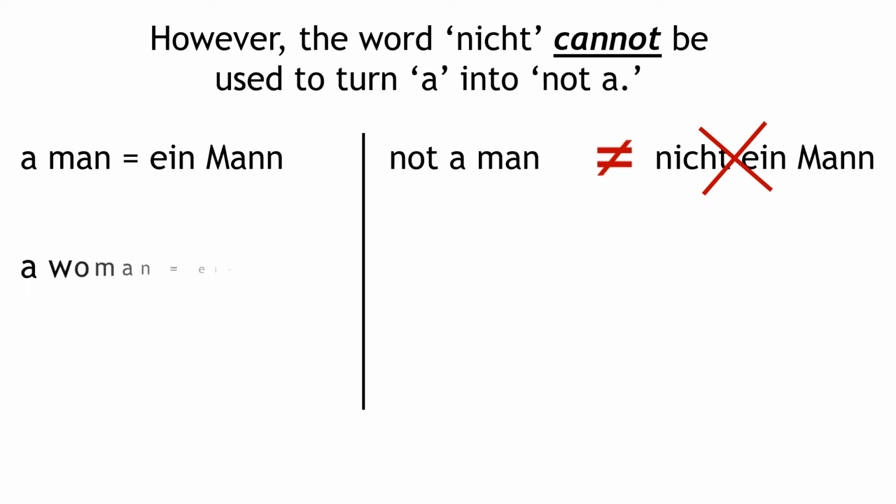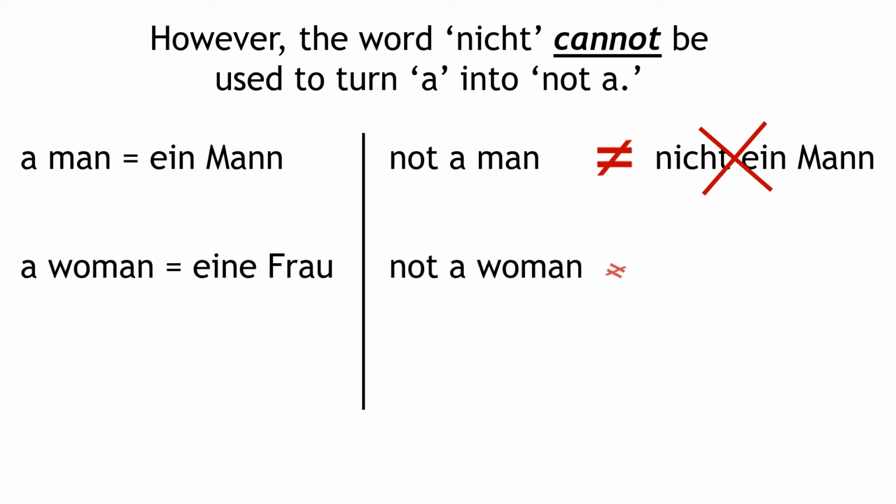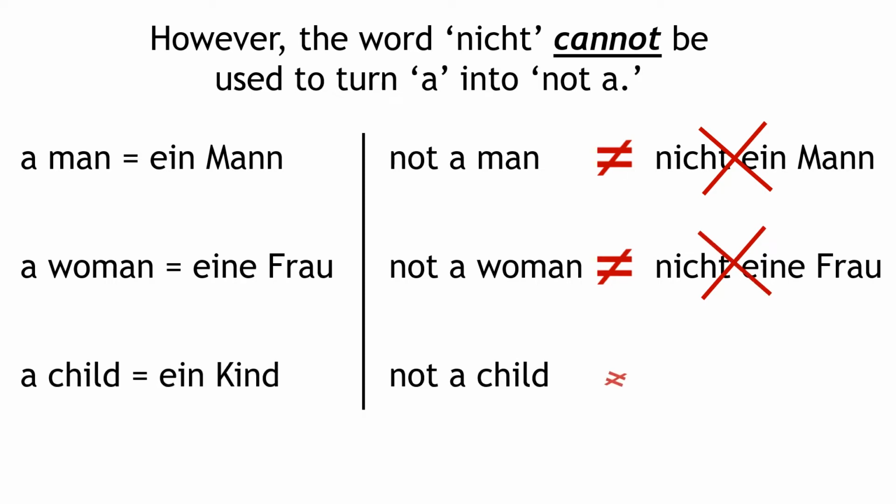Not a woman cannot be expressed as nicht eine Frau. And not a child cannot be expressed as nicht ein Kind. Mistakes like these are made when people assume that the rules of their own language can be applied to the foreign language which they are learning.